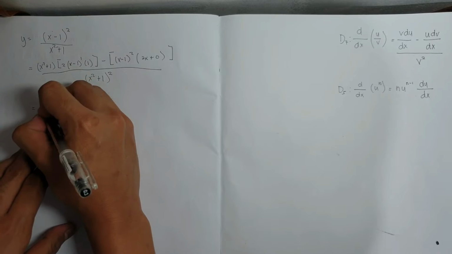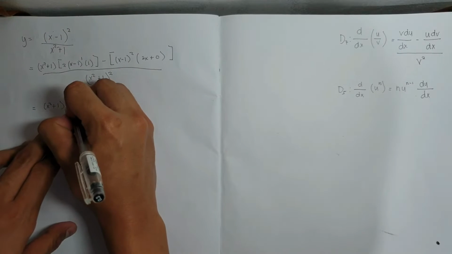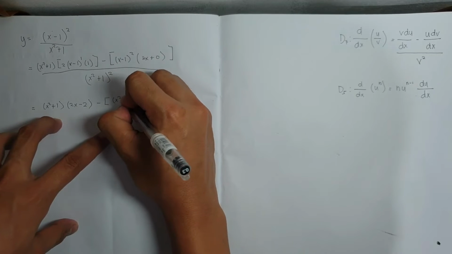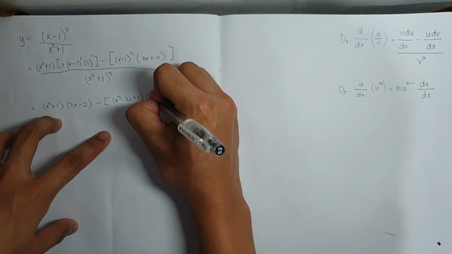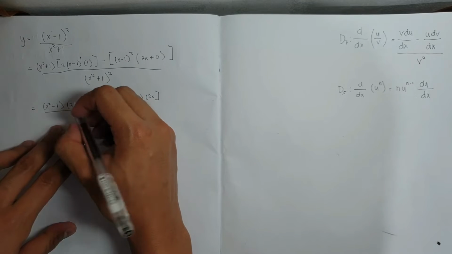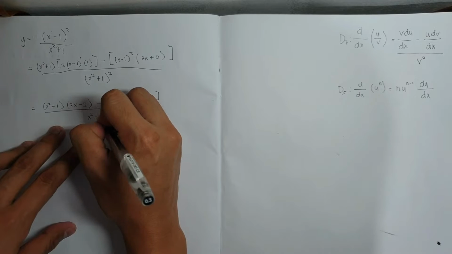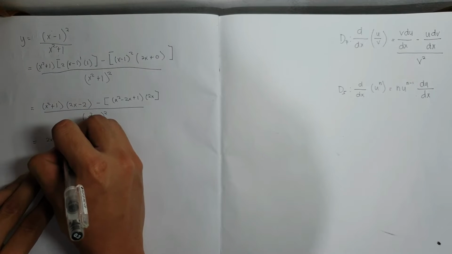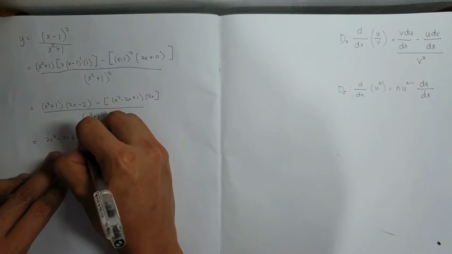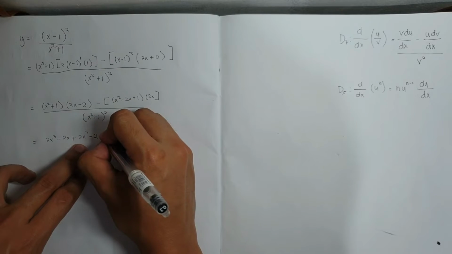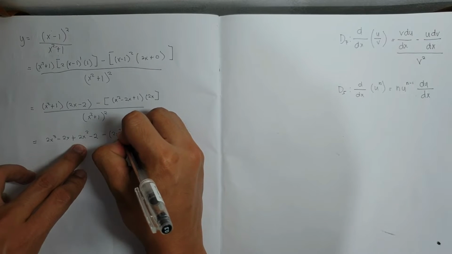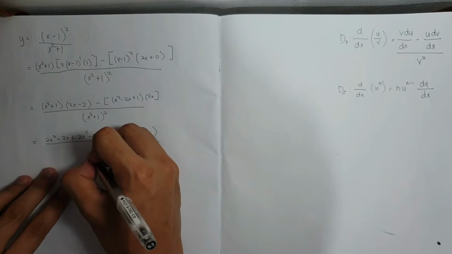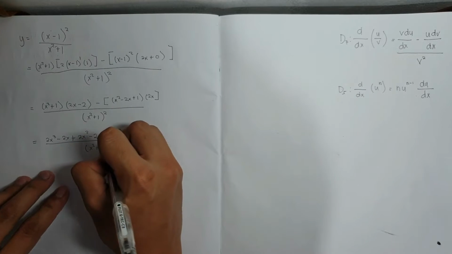So it equates to (x squared plus 1) multiplied by (2x minus 2), subtracted by (x squared minus 2x plus 1) multiplied by 2x, over (x squared plus 1) raised to the power of 2, which is equal to 2x cubed minus 2x plus 2x squared minus 2, subtracted by 2x cubed minus 4x squared plus 2x, over (x squared plus 1) raised to the power of 2.